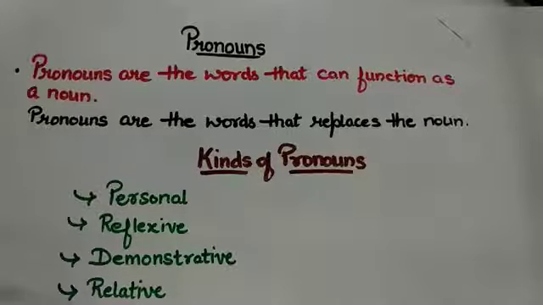perfect. Let us consider a sentence: Ram is going, Ram is sleeping, Ram is eating. Now, in every sentence I am using the noun Ram again and again, and that is making my language not perfect.